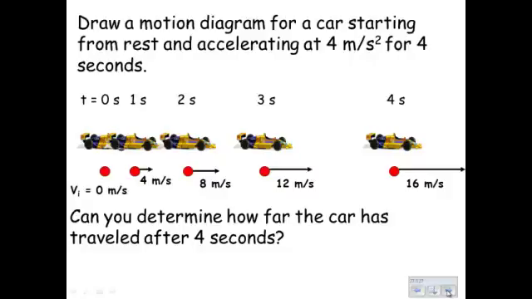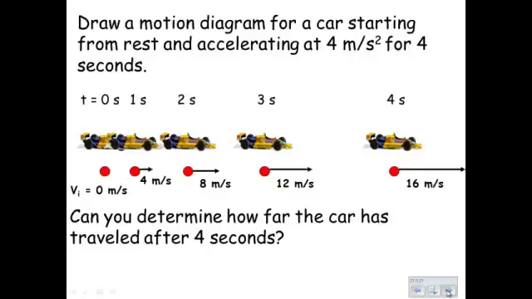Now, can we use this information to determine how far the car has traveled after 4 seconds? You can still use the process of average velocity equals displacement over time. If I were to look between 0 seconds and 1 second, I'm going from 0 meters per second to 4 meters per second. So my average velocity over that period of time would be 2 meters per second.